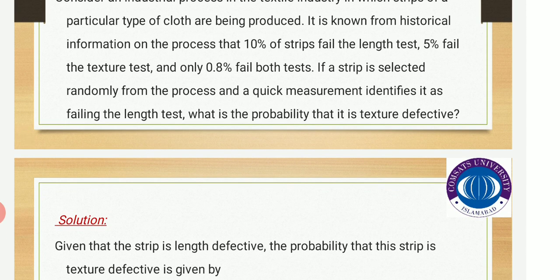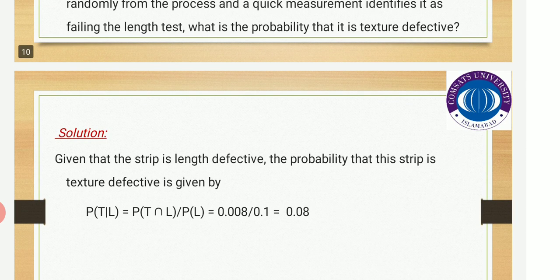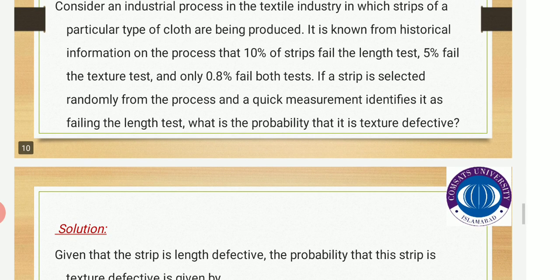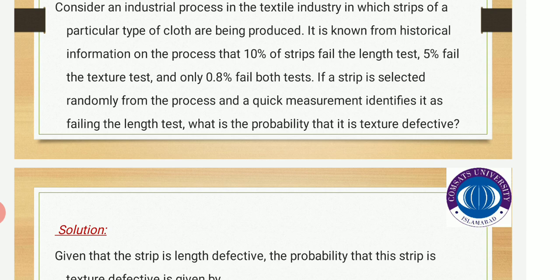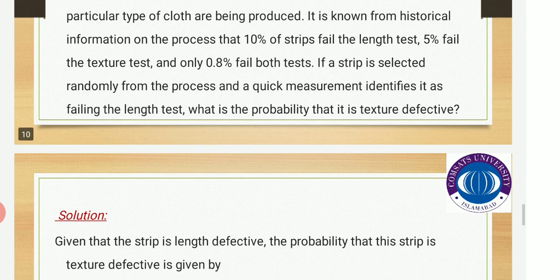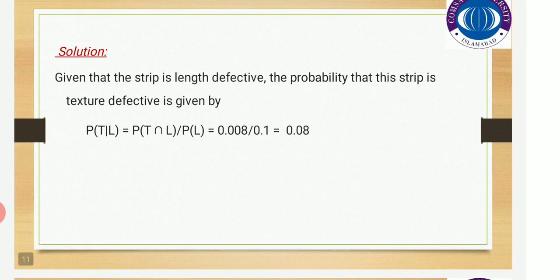You can see from the above slide that 0.8% fail both tests, and probability of L, meaning it fails the length test, how many are they? They are 10%. So it would be equal to 0.008 divided by 0.1, which would be equal to 0.08.